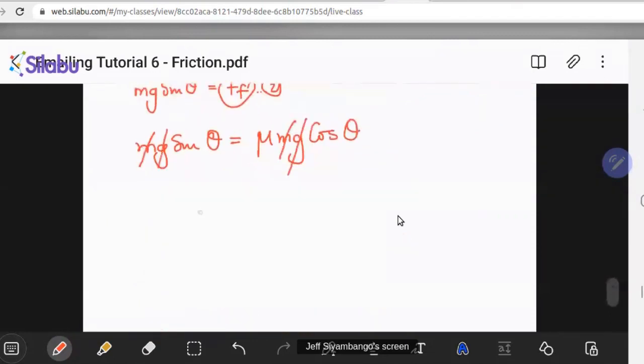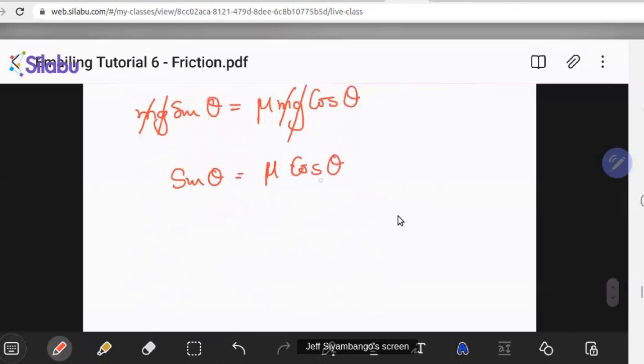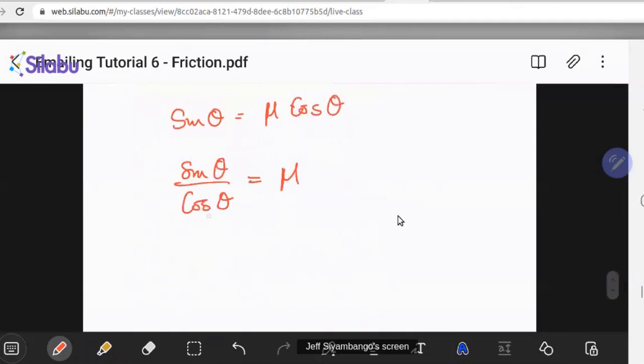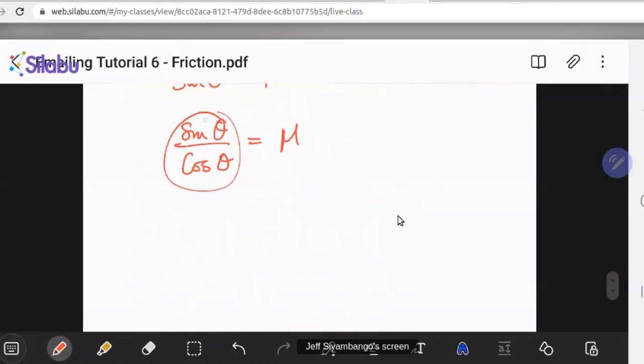So we now have sine theta equal to mu cos theta. Now, how do we find theta here? Divide both sides by cos theta. We end up with sine theta over cos theta being equal to the coefficient of friction. And you know what this is? Sine over cos, that is tan. So this is tan theta equal to the coefficient of friction.